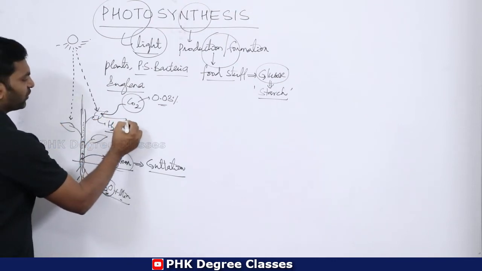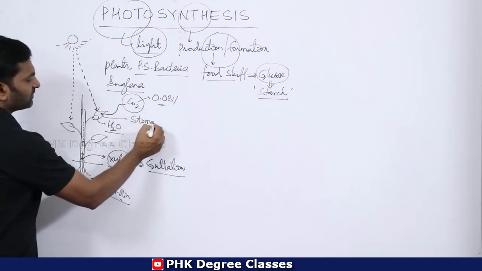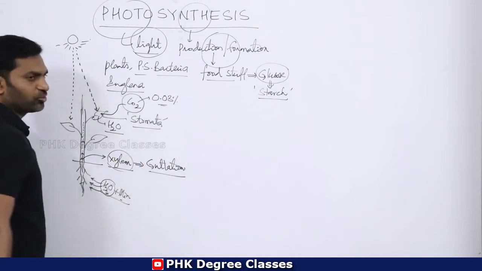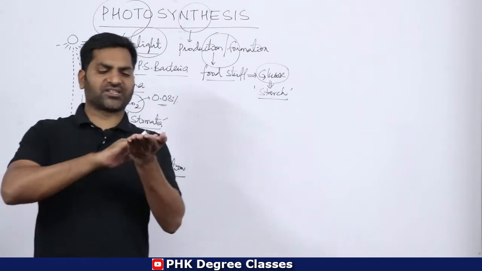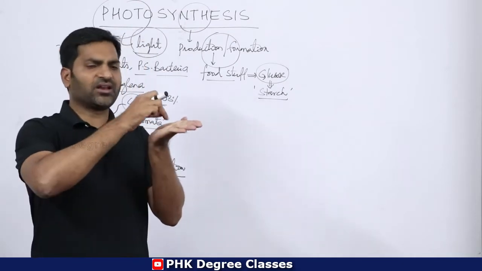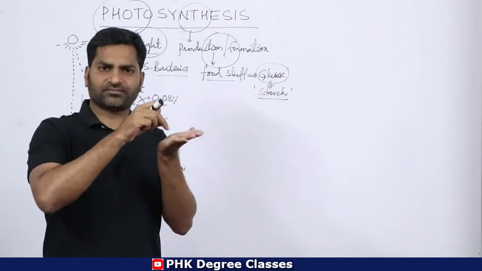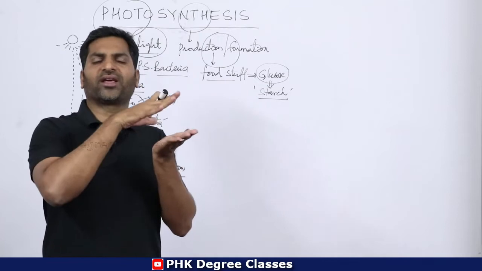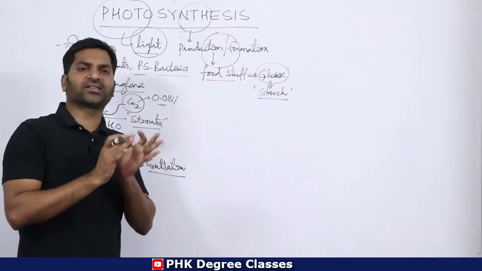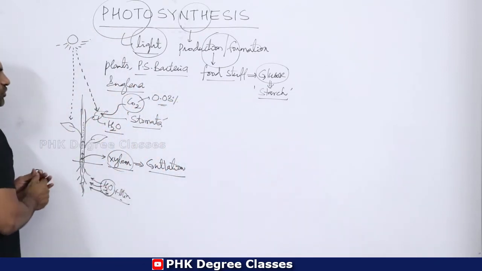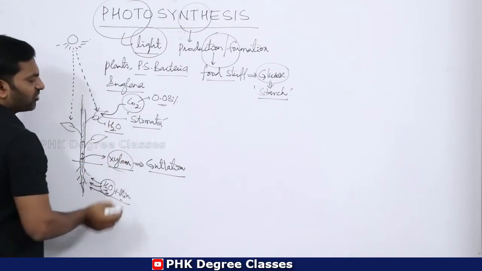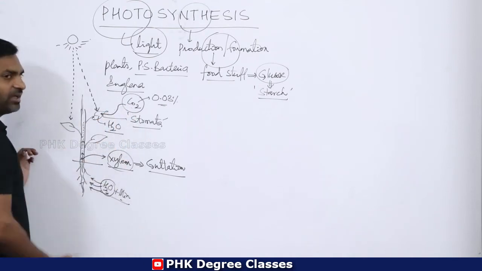If it is a leaf, there are small pore-like structures, and these pore-like structures of the leaf are called stomata. Through the stomata, the atmospheric carbon dioxide enters the leaf.